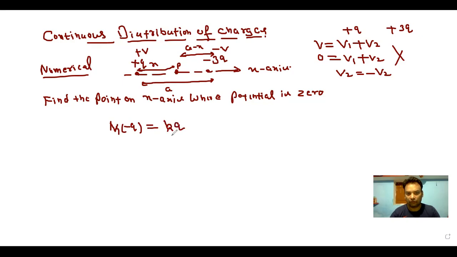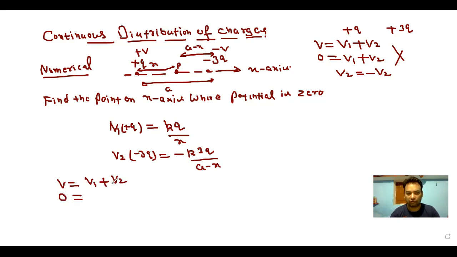KQ upon x. Similarly, the potential due to the second charge, the minus 3Q charge, will be a negative potential, minus K3Q upon A minus x. Now the total potential V is equal to V1 plus V2, and the total potential at that point should be equal to 0.